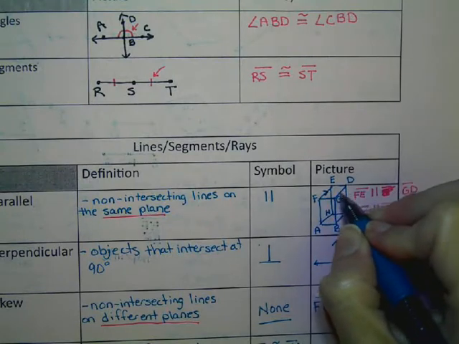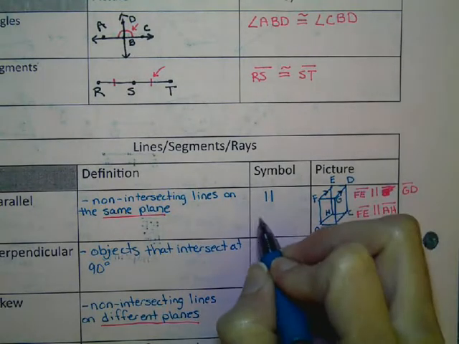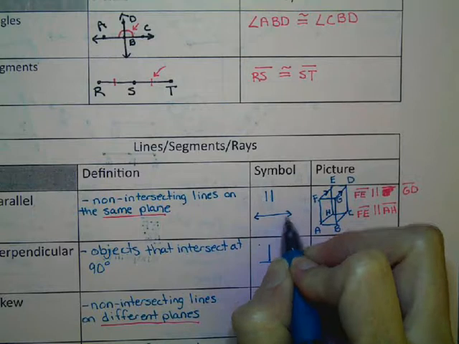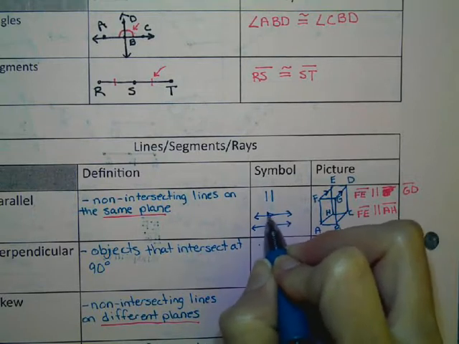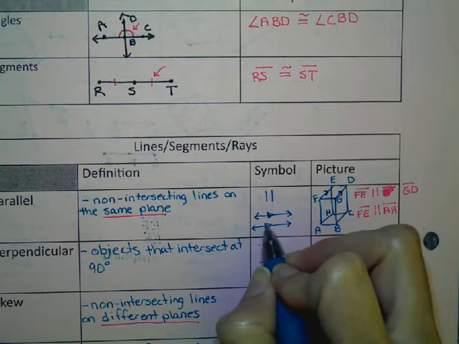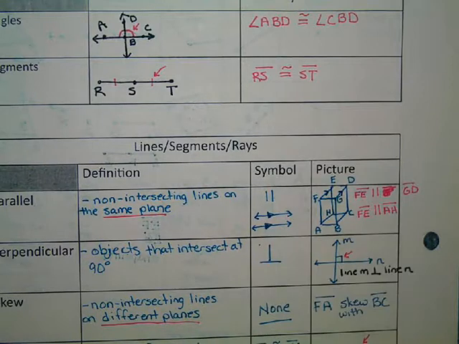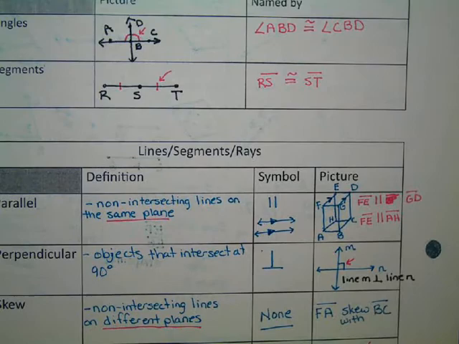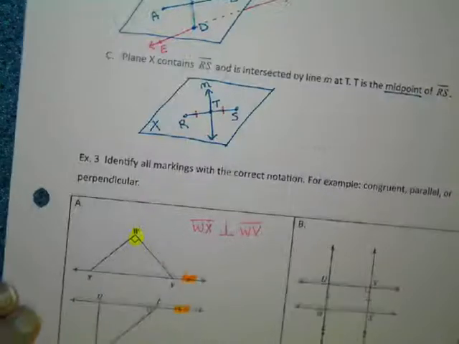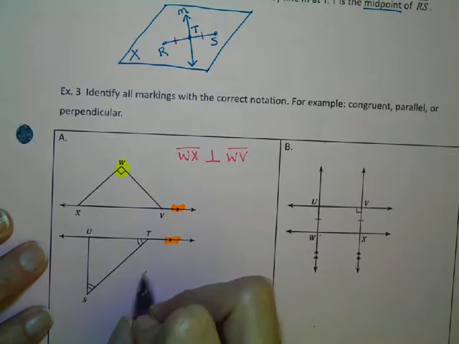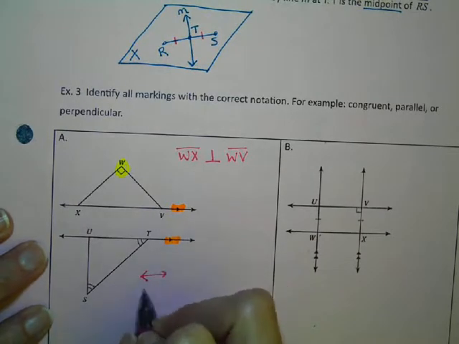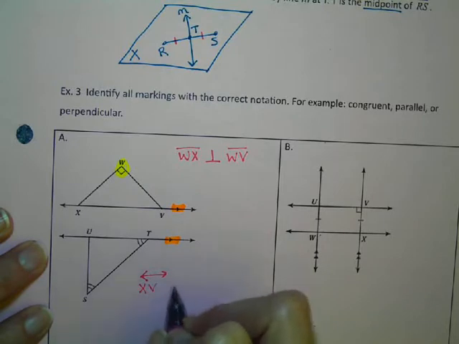So when you see two lines like this, if they have arrows on them like that, that means that the two things are parallel. Okay? So back over here, my two lines that are parallel, I could say line XV is parallel to line UT.